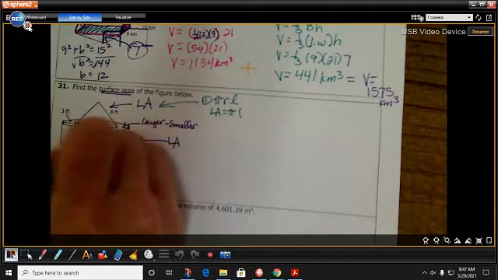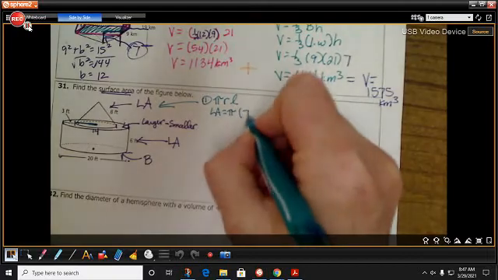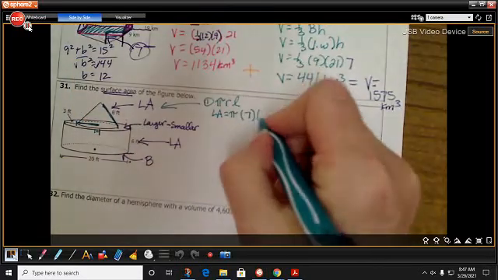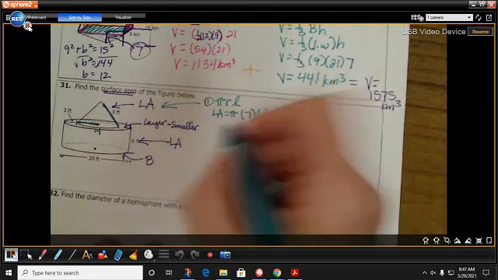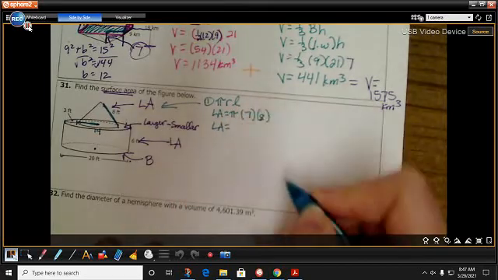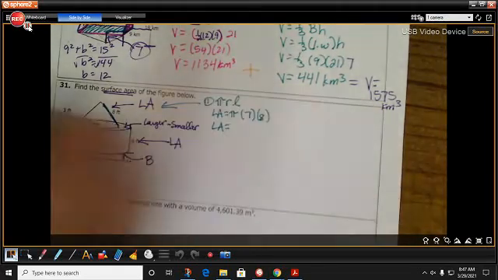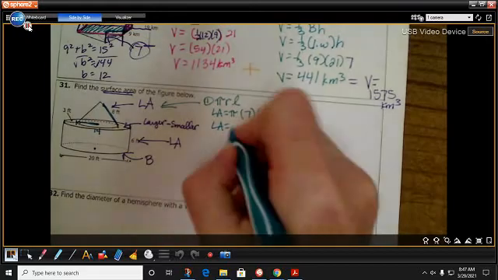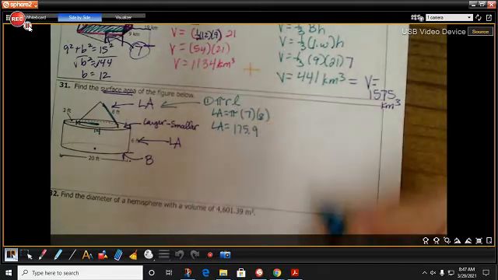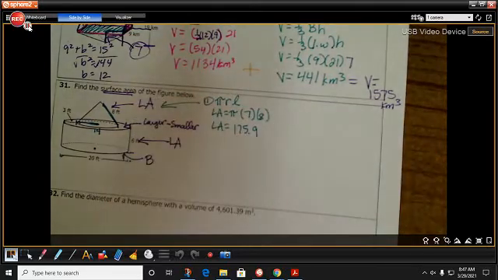And that gives me a smaller radius of 7. Then my slant height is 8. And so I can take these two pieces now and go, okay, pi times 7 times 8, this lateral area is whatever 56 times pi is. And this one I actually didn't calculate ahead of time. So let's see, 56 times pi comes out to be 175.9. So there's the lateral area of my cone.